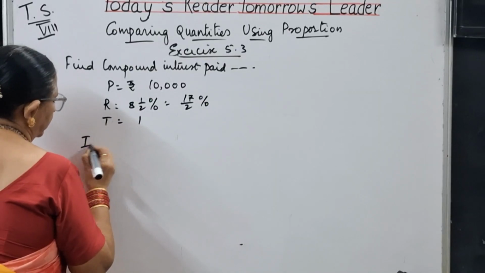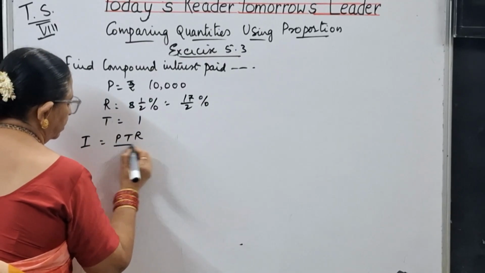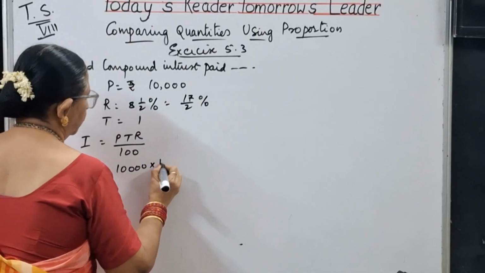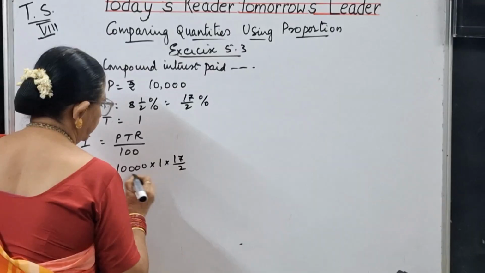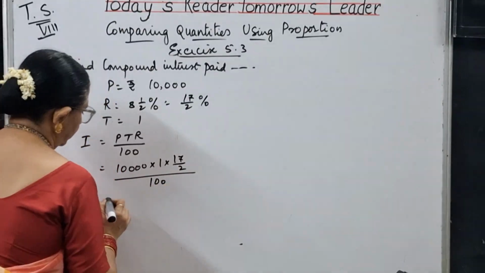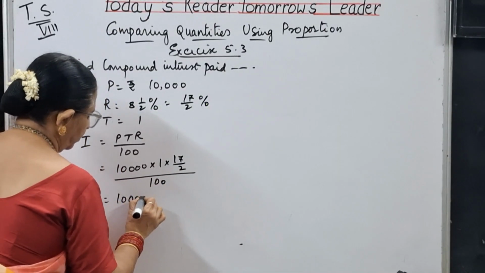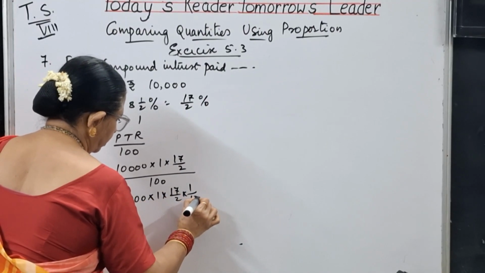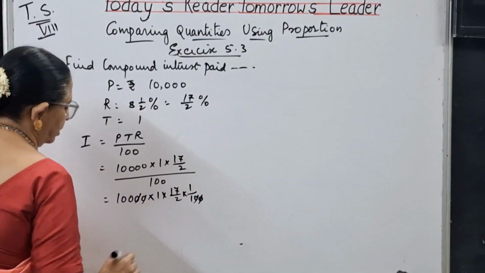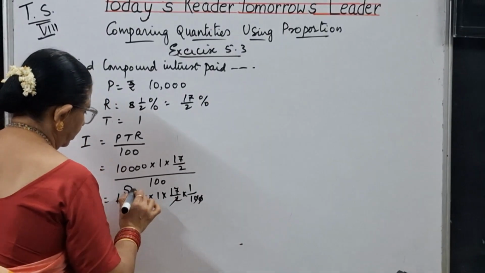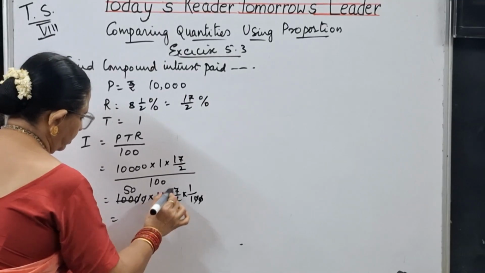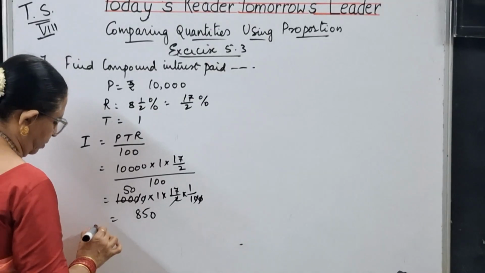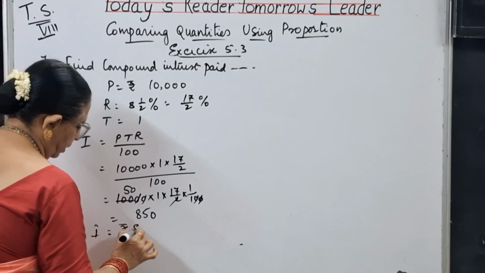So I is equal to PTR by 100, 10,000 into 1 into 17 by 2 divided by 100, that is 10,000 into 1 into 17 by 2 into 1 by 100. So 0 0 will get cancelled. 2 fives are 10, so 17 fives are 85. So 850. I is equal to rupees 850.